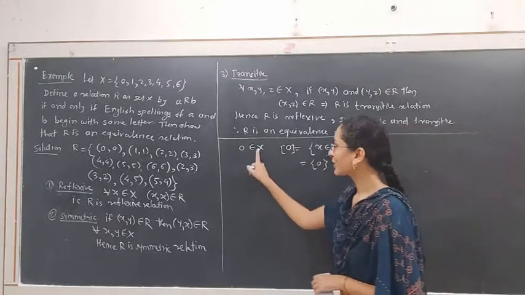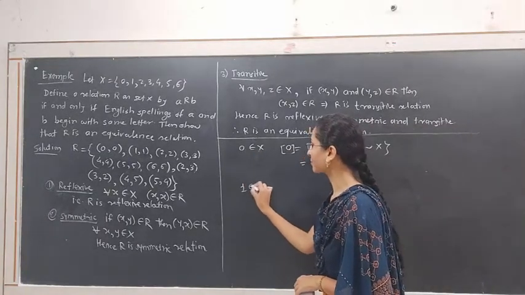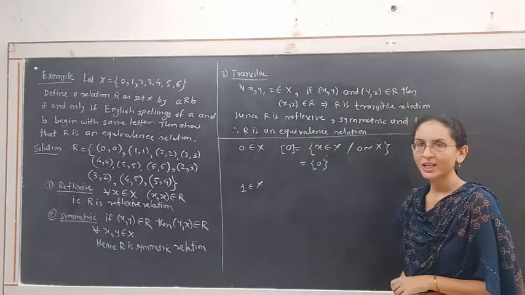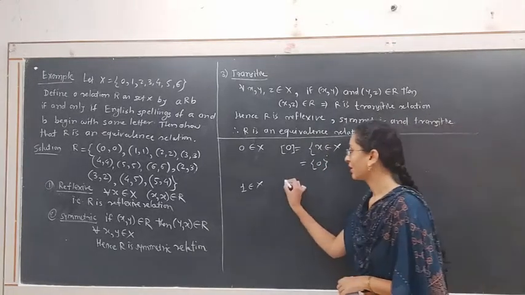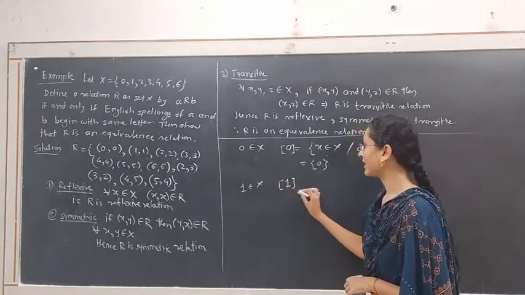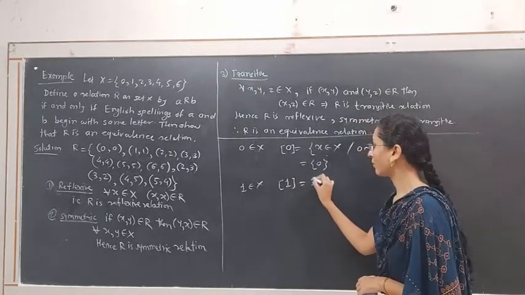Next element of the set X is 1. 1 belongs to set X, hence we can also find the equivalence class of 1. It is denoted by the symbol square bracketed 1 or 1 bar.